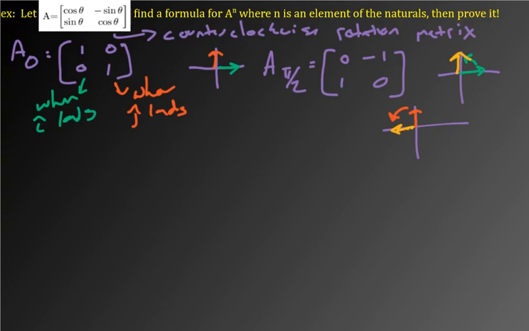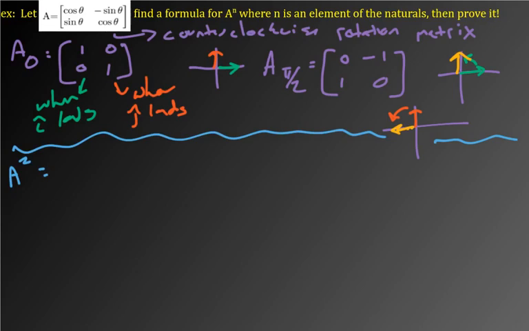So if you go and try to find that pattern, you have to start off by just doing the powers. So A squared is, if you do A times A, you're going to get cosine times cosine, so cosine squared, and then minus sine times sine, which is just minus sine squared.